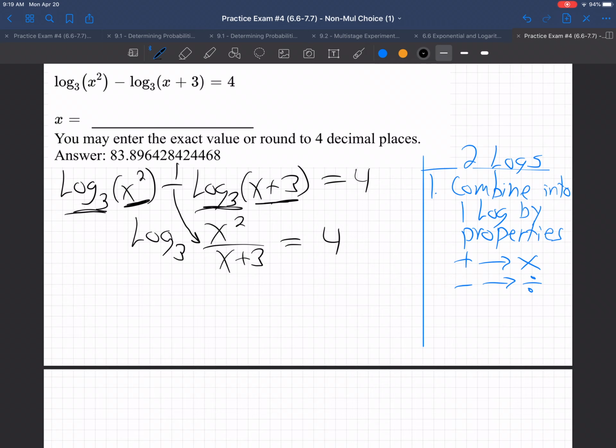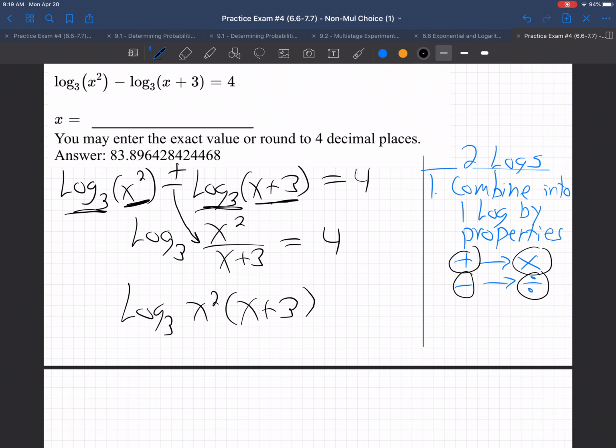If that had been a plus sign in the middle, then it would have been log base 3 of x squared times x plus 3. Plus would have become multiply, but minus becomes divide because it's actually minus in the middle. It's dividing those two.